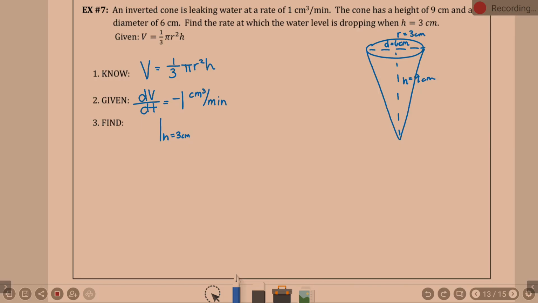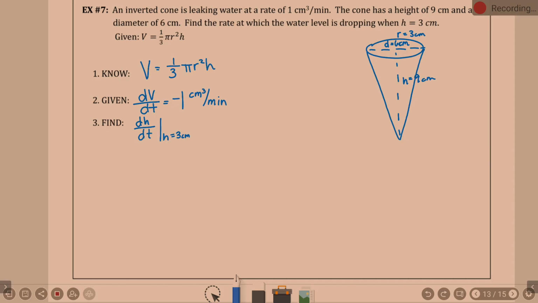What is water level? What are they referring to there? Depth. What's a better word for depth that goes with this formula? Height, right? We got to keep it all in terms of V, R, and H. If it's not V, R, or H, we've got to translate it to V, R, or H. Fair? Because that's what's in my formula. So we're going to be looking for dH dt when H equals 3.